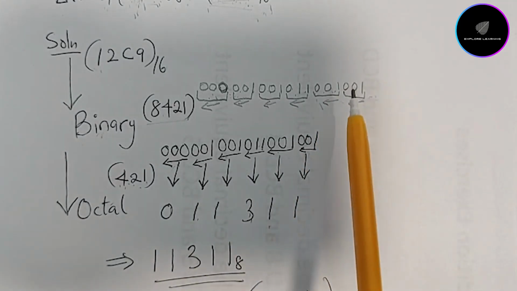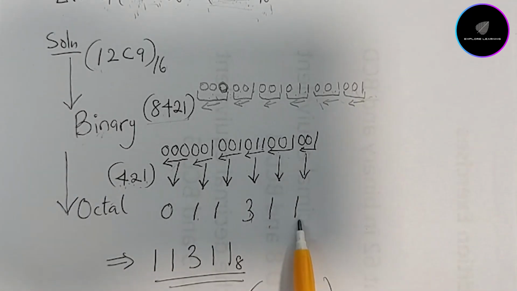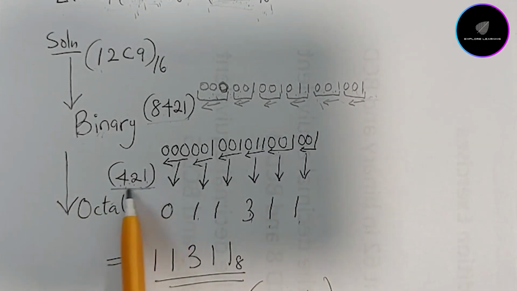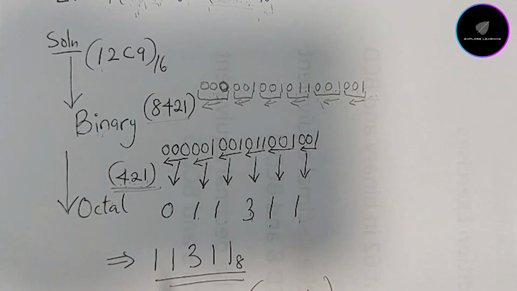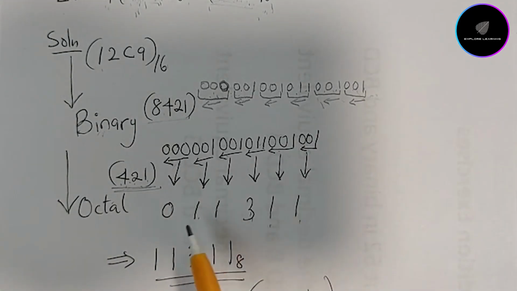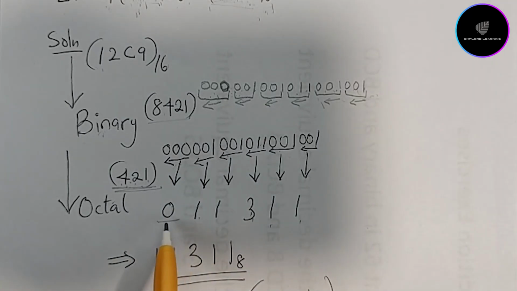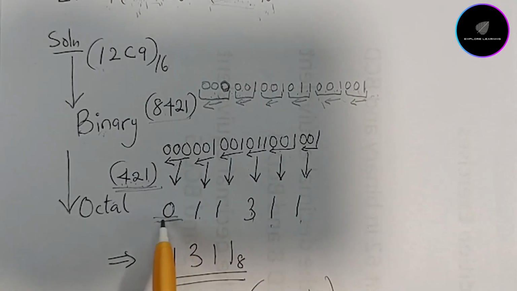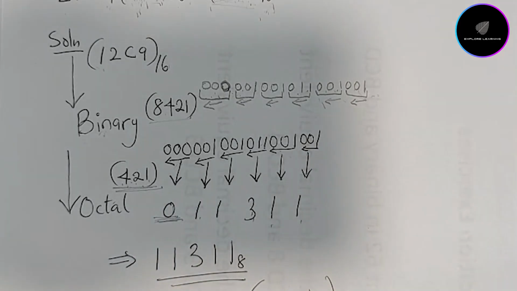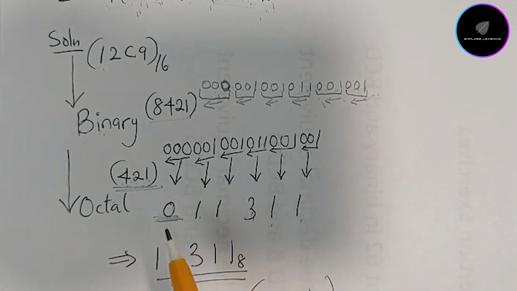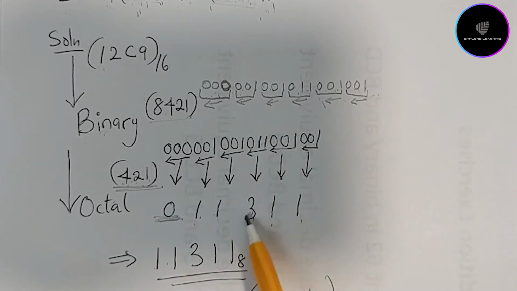Now you have to follow this code. It means that our value will be, now you can omit this first 0. It has no significant value, so you can omit it. So we're going to have 11311 base 8.